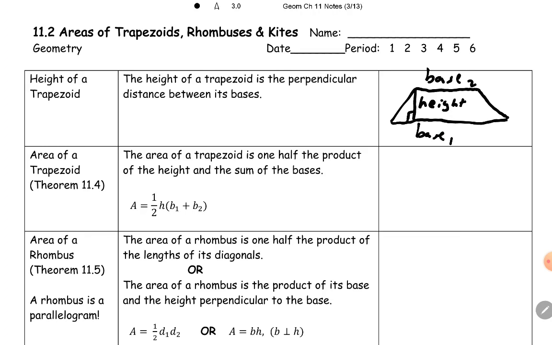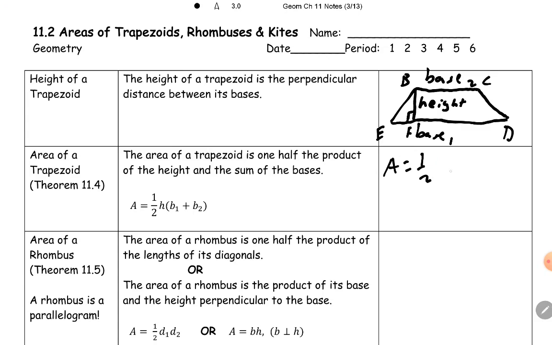So the area, let's go ahead and label this B, E, F, D, C. So the area would be 1/2 times the height times the quantity of base 1 plus base 2.